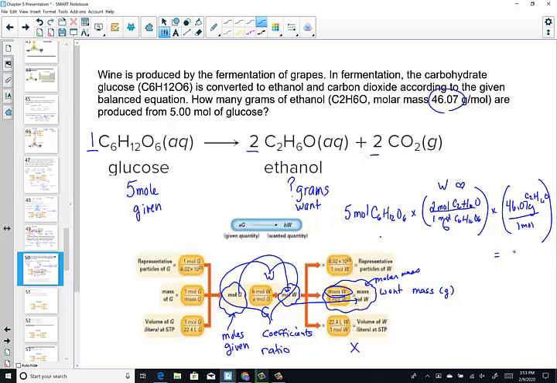And we're going to multiply by the molar mass of 46.07. And my screen reads 460.7 grams of C2H6O. We ratioed, we multiplied to solve that stoichiometry problem. We were given a mole and asked to calculate a mass. We call those mole mass problems.